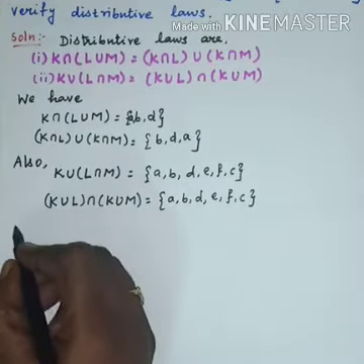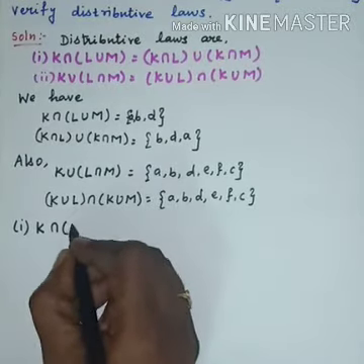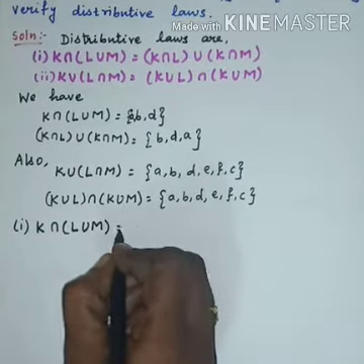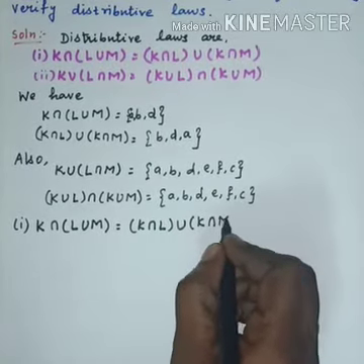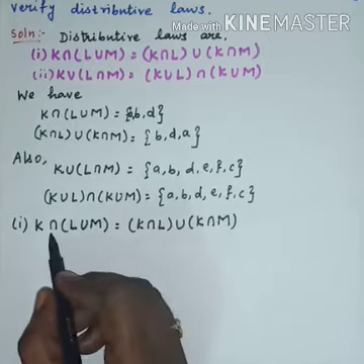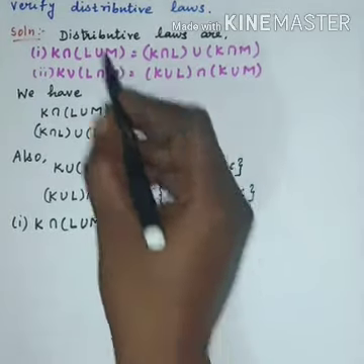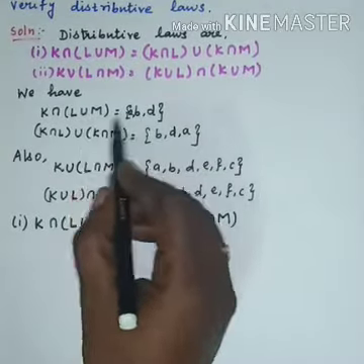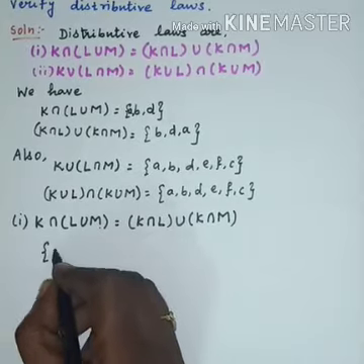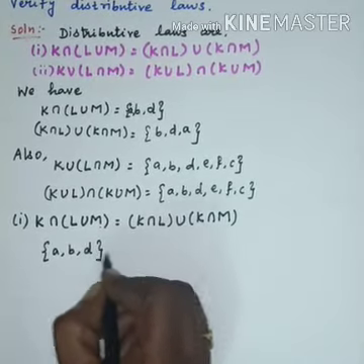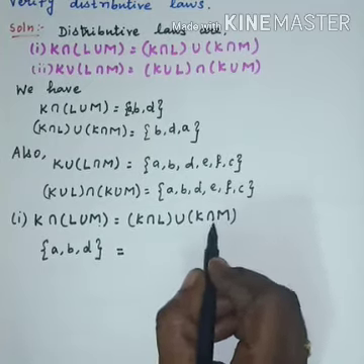So what is the first law? The first law is K intersection (L union M) is equal to (K intersection L) union (K intersection M). This is the first law, isn't it? So what is the value for K intersection (L union M)? We already found in the second sum that the elements of the set are A, B, D. So substitute here A, B, D is equal to (K intersection L) union (K intersection M).